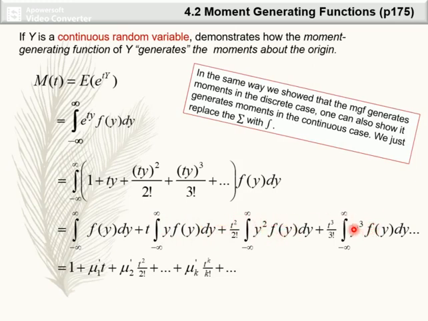That's the expected value of y cubed. Now if you use a shorthand notation, that's just the first moment, that's the second moment, and that's the kth moment. So what you see is you end up with this summation of moments. It literally generates moments. That's why it's called a moment generating function.